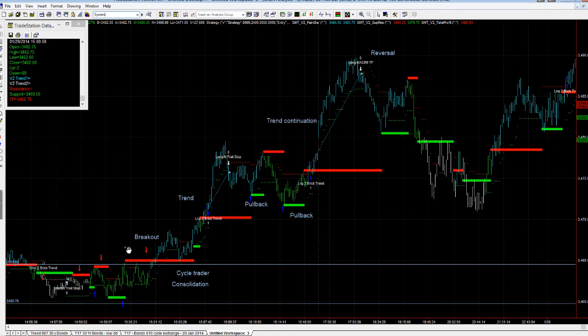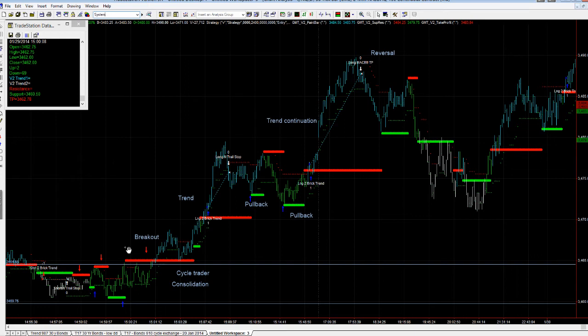We can also, if we're running a pullback strategy, have an additional strategy here looking for a pullback trade. So what we're effectively doing, and John Sweeney refers to this as campaign trading, is identifying the market conditions and applying a strategy appropriate to those conditions. Because what we're trying to do is build up a trading campaign, a way in which we can take as much money out of the market as we possibly can without having to rely on one strategy.